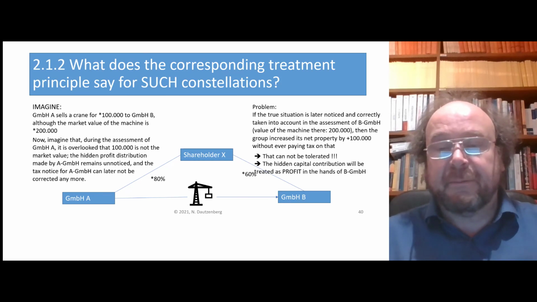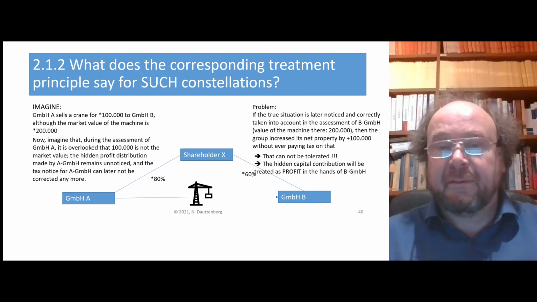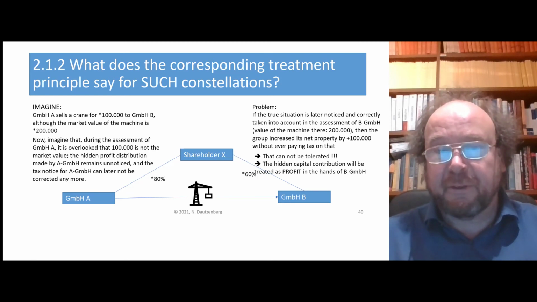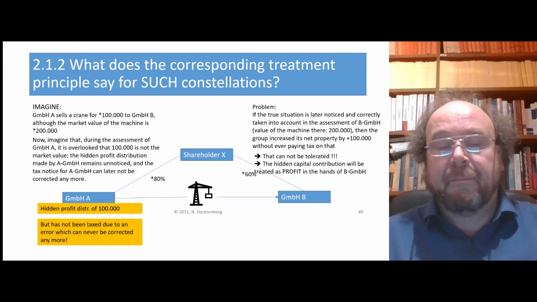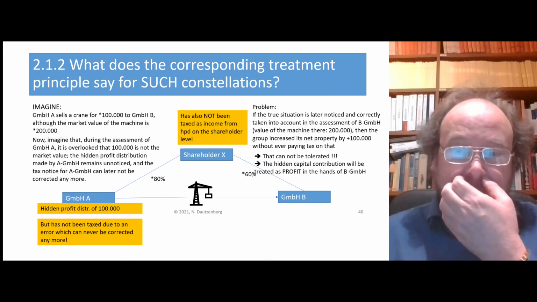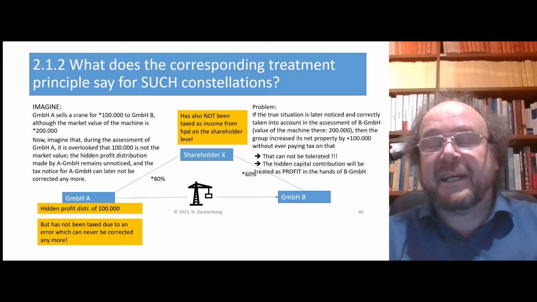So the consequence of the corresponding treatment principle would be, well, if a hidden profit distribution has been made on the level of a corporation, the dividend will be fully taxed in the hands of the recipient. So we would probably tax the dividends in the hands of the shareholder.